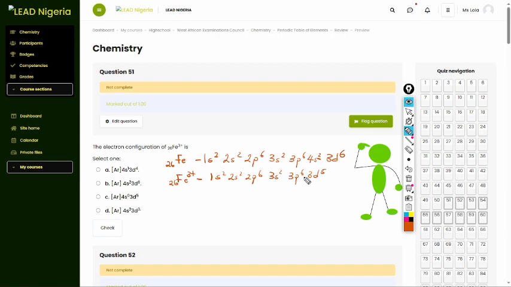Then this is 12, plus this 6 is 18. So from this point to this point is argon. If you put that as argon in a bracket, and then remember we said the 4s orbital has lost its electrons, so the 4s has 0 in it, and then we have 3d5. So this would be the configuration of iron 3 plus, and that corresponds to option C. The correct answer is option C.